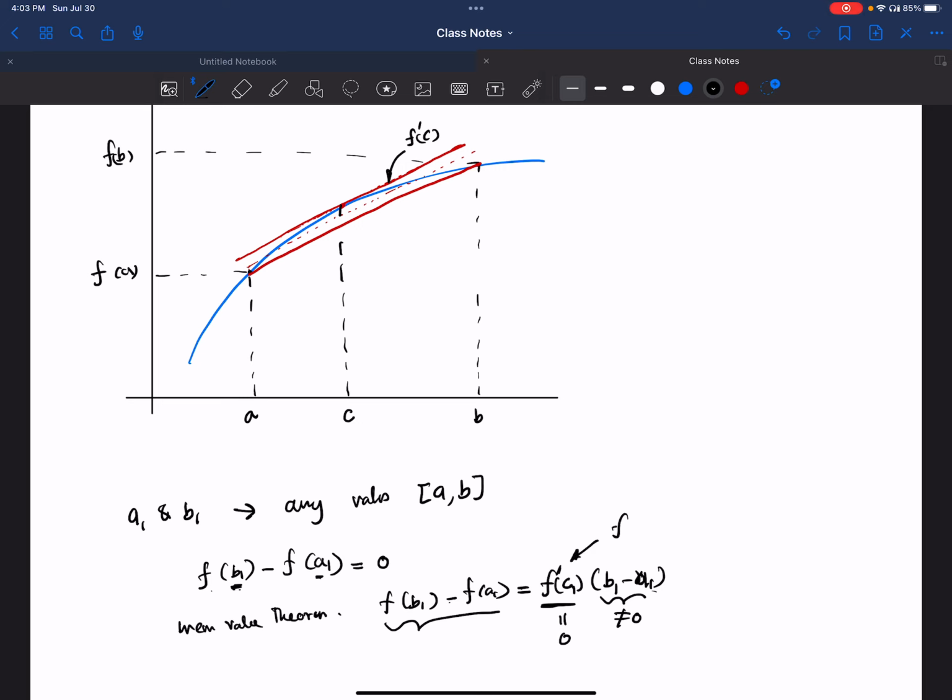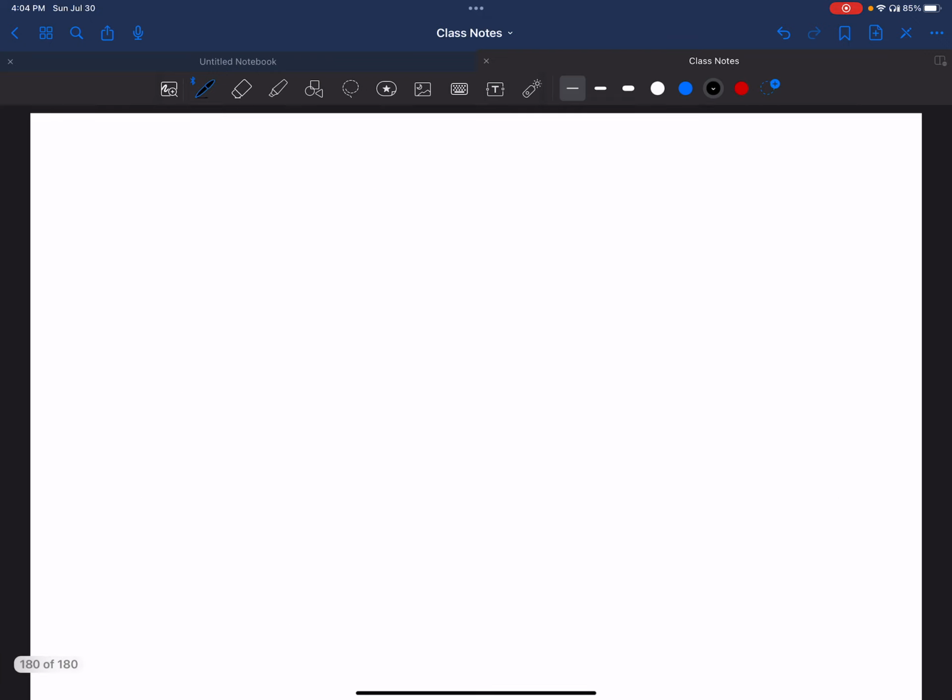That means f of x is constant on AB. So we say that if f prime of x equals 0 for all x values in AB, then f of x equals a constant. It's a constant function. That's a consequence we can prove by using the mean value theorem.